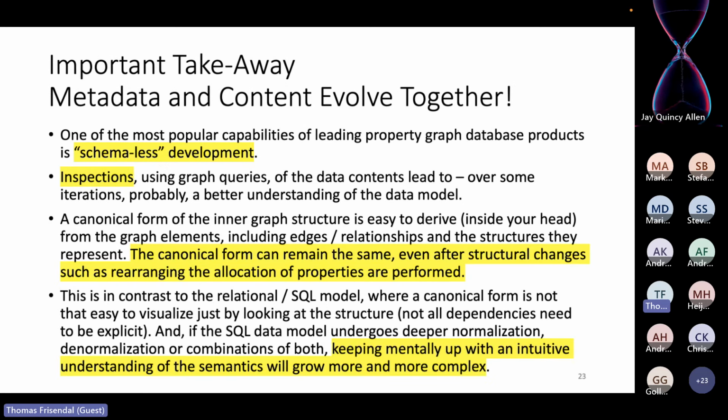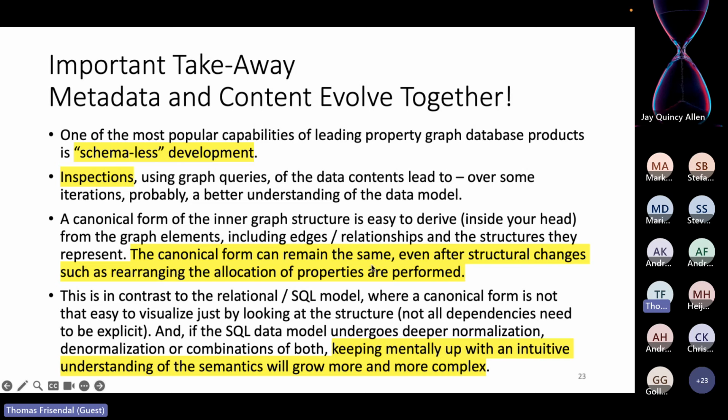What you need to realize is that the metadata and content evolve together, and one of the big advantages of property graphs, at least, is that you typically have a schema-less development environment. You load data without writing schemas. You inspect data using graph queries.